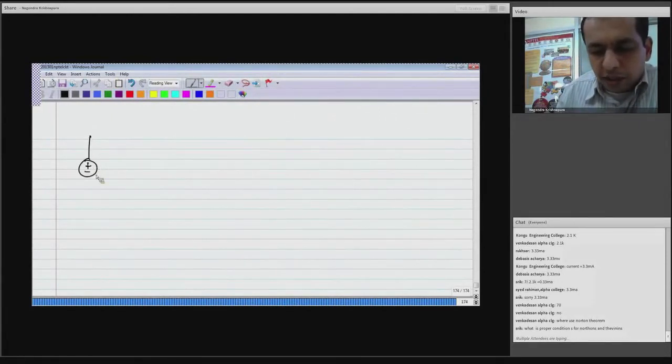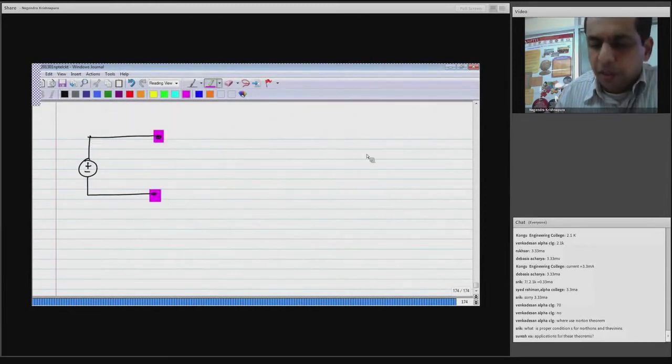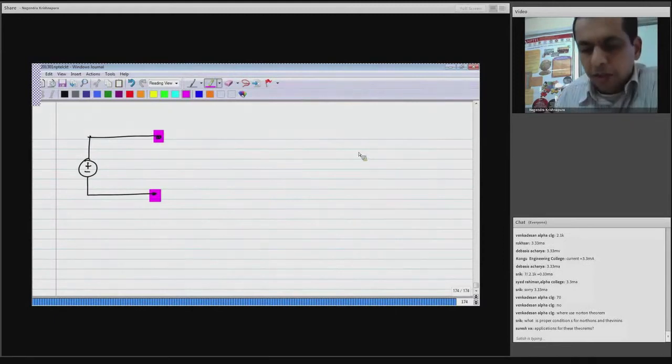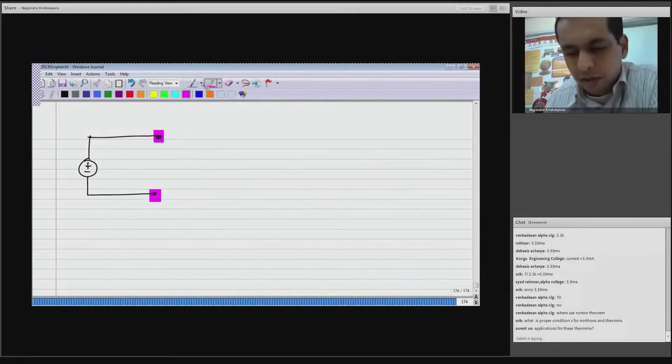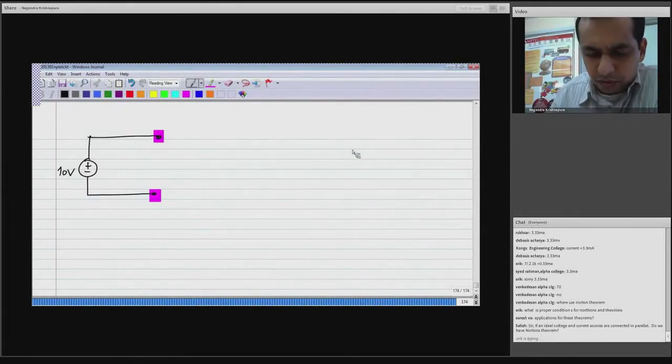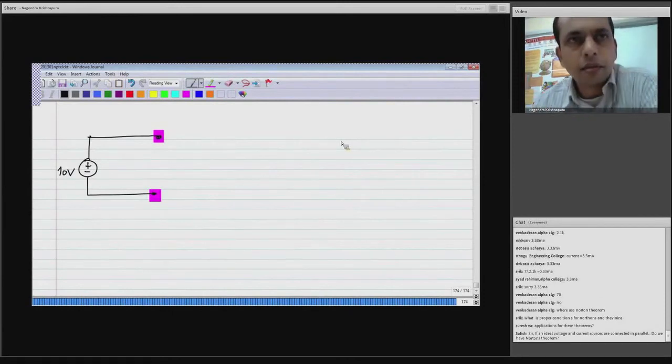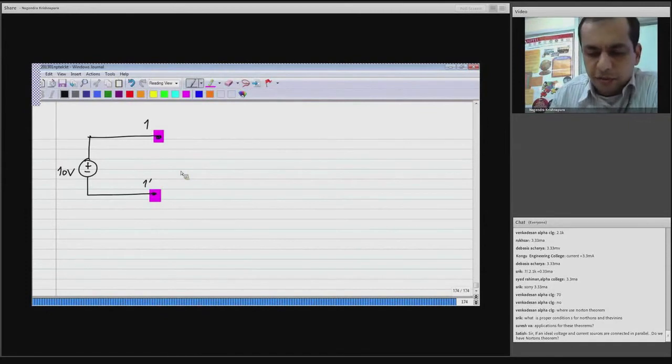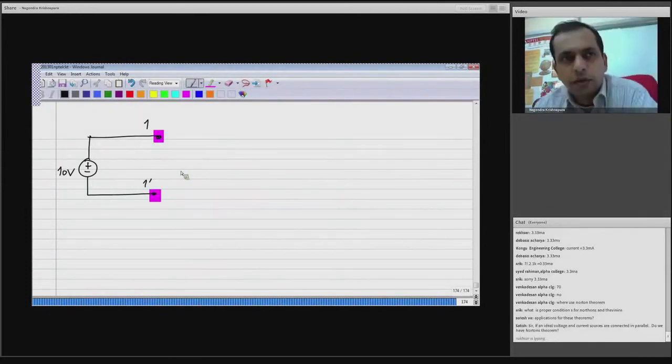Now, like I said, any circuit with only two terminals available can be equivalently represented at the two terminals using either Thevenin or Norton equivalent circuit. So now let me say this is my circuit. This is now an extremely simple circuit. I have a voltage source.